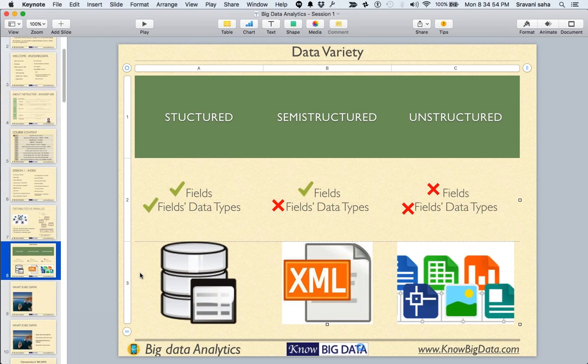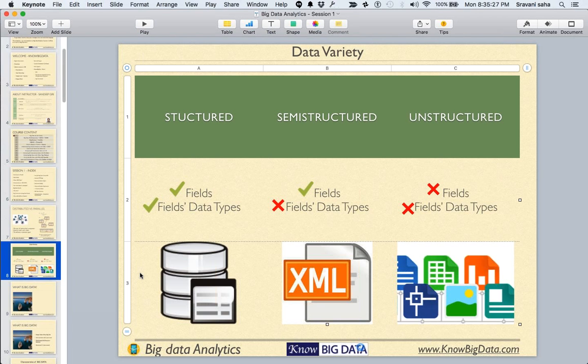In case we do not know the fields in our input, and also do not know their data types, we call it unstructured data. For example, structured data is data in databases, semi-structured data is XML, and an example of unstructured data is the text gathered out of a program's logs.